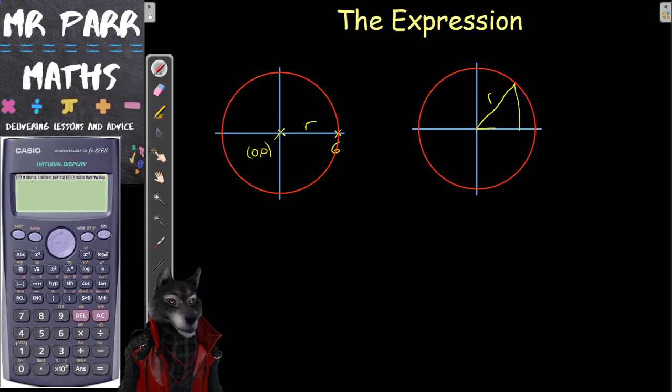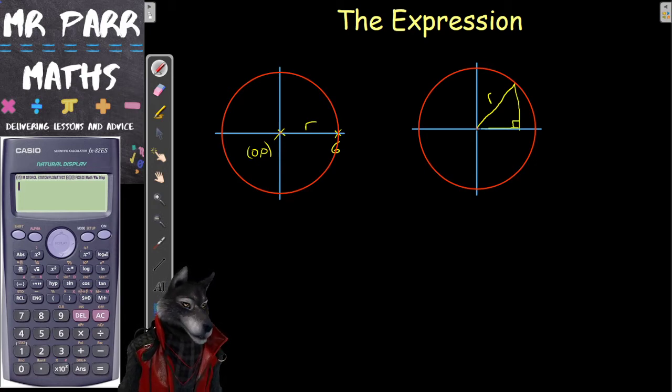The brilliance of doing this is that it means I can form lengths. This length will be some length along the x, and this vertical length will be some length of y, because this point here has coordinates x and y.